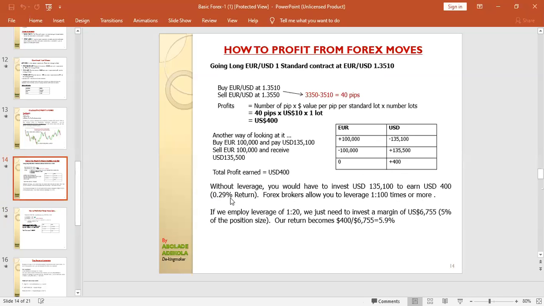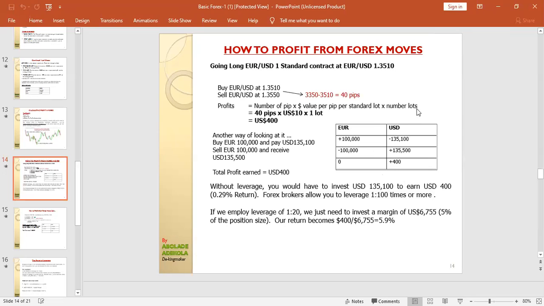If you are using a leverage of 1 to 100, you only need $1,000 as your deposit to trade 100,000 euro worth of currency. So if you have dropped 1,000 euro as your collateral, you are able to perform this transaction, and at the end you come out with $400 profit. Can you imagine that?